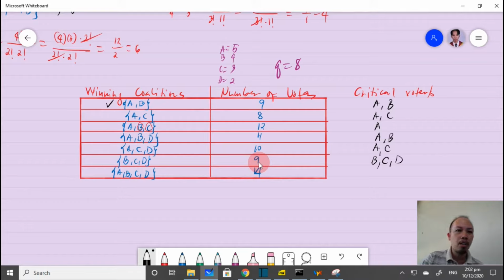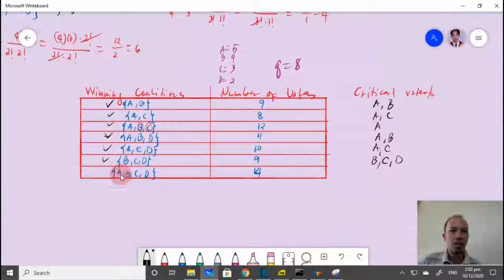How about here, A, B, C, D, in the last coalition, the last row? If I take out A, which is 5, 14 minus 5 is 9, which is greater than 8, so therefore A is not a critical voter.